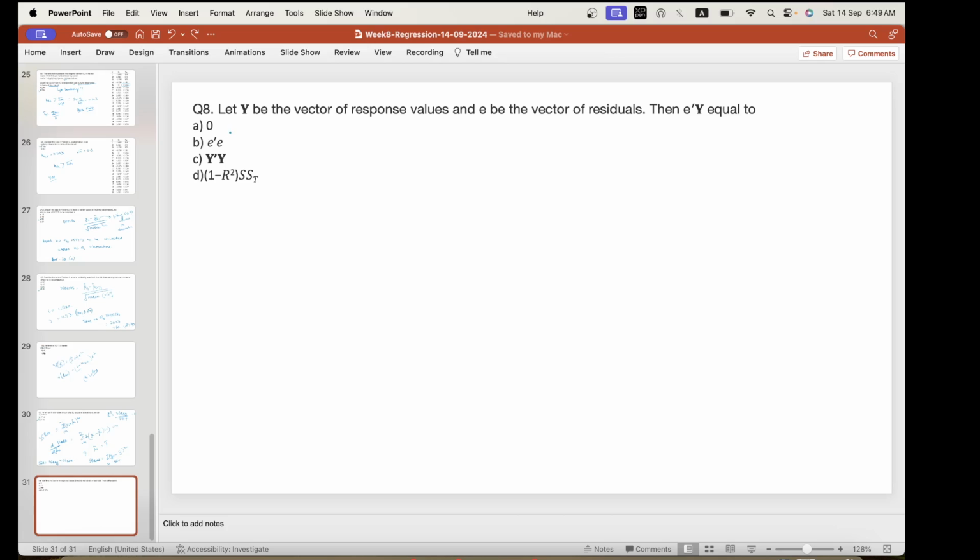Okay, so e prime y is actually (1 minus R square) into SST.